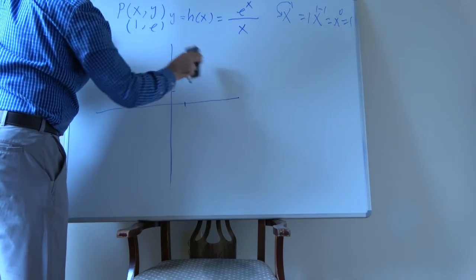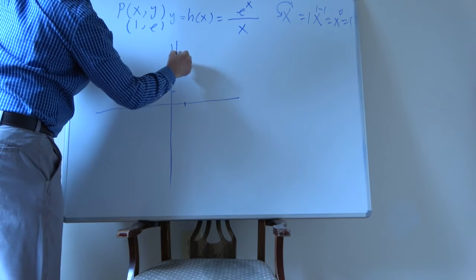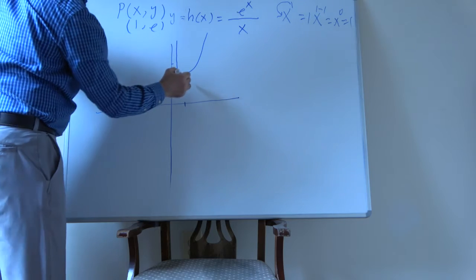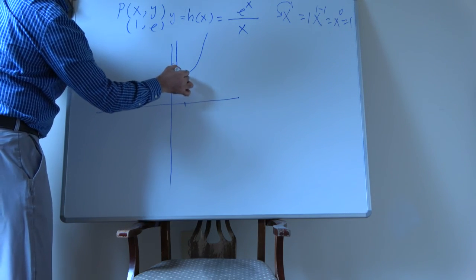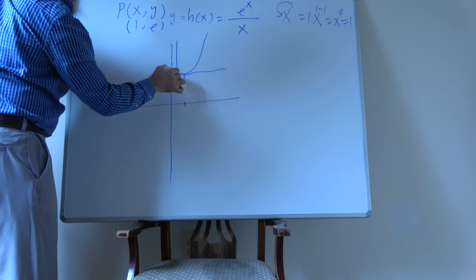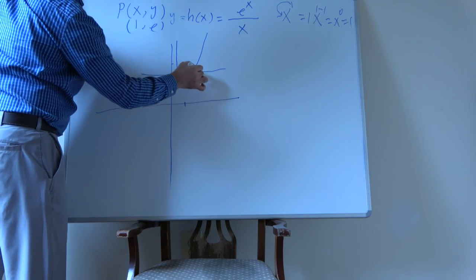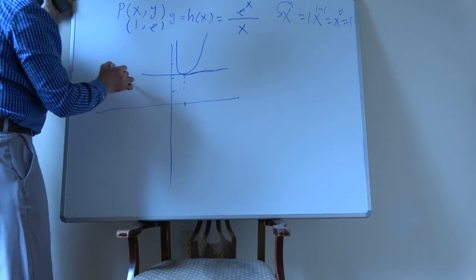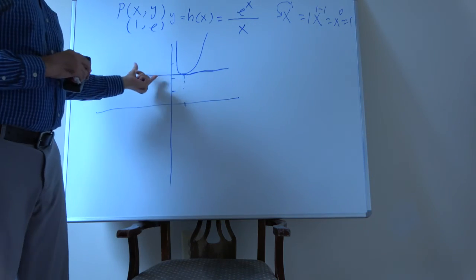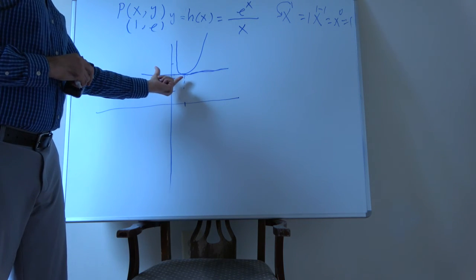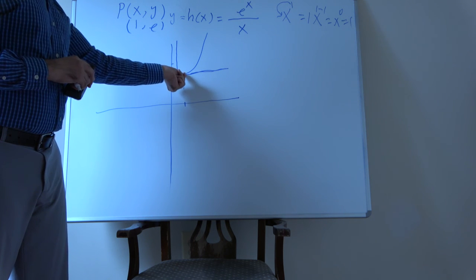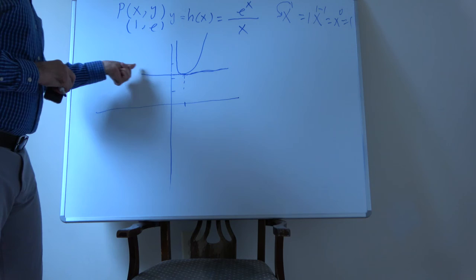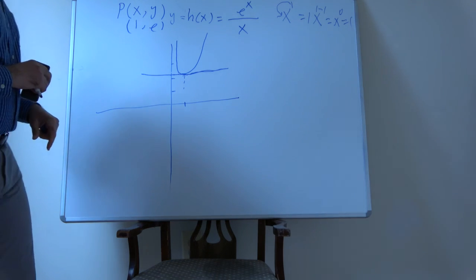I'm not really good at drawing. So it's 1, and this is e. This is the tangent line, and the slope of the tangent line at this point is 0. We see the slope is 0 at this point.